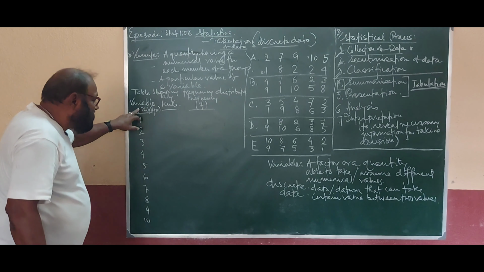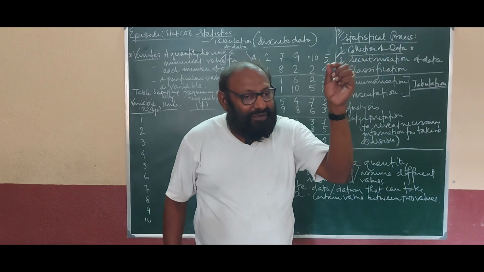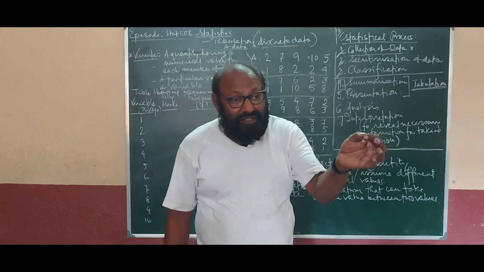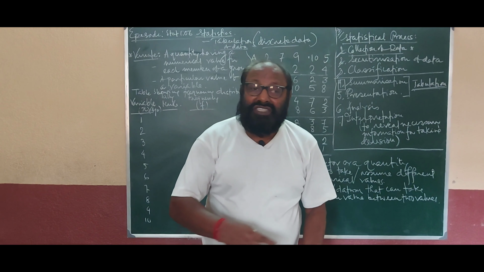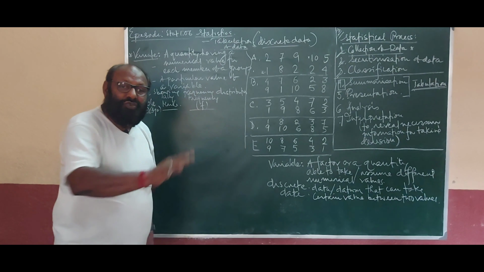In statistics, it is our practice to designate the changing value, the observation that changes, as x, y, or z. In case of a constant, we take a, b, c, d. The first small alphabets are taken for a constant quantity, and for a variable quantity we consider x, y, and z.